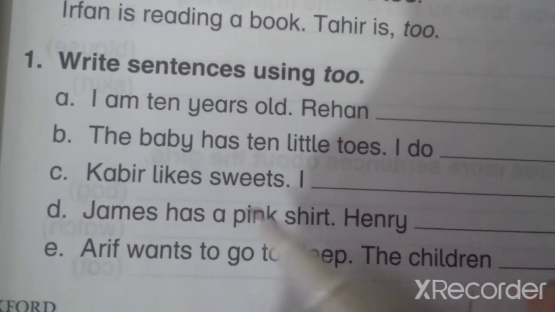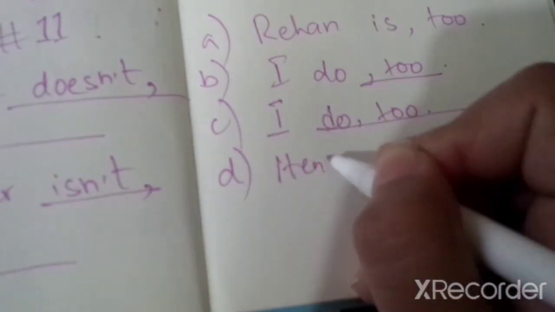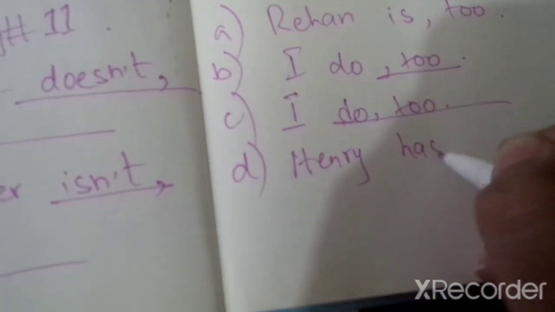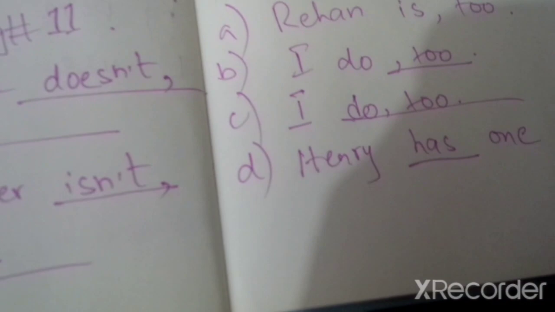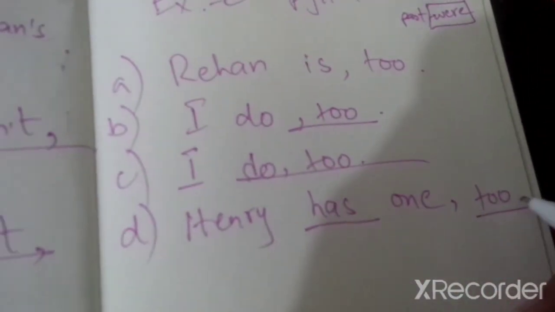D part. James has a pink shirt. Henry has 1 too. The first blank will use has, and too will be used in the last blank.